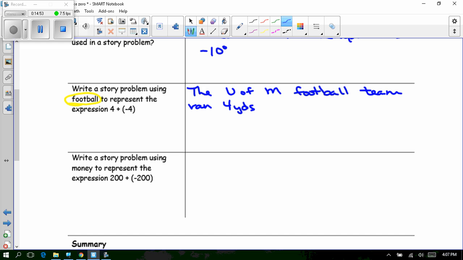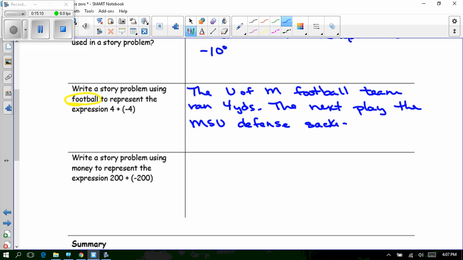The next play, the MSU defense sacked the quarterback, QB, quarterback, 4 yards behind where they started.